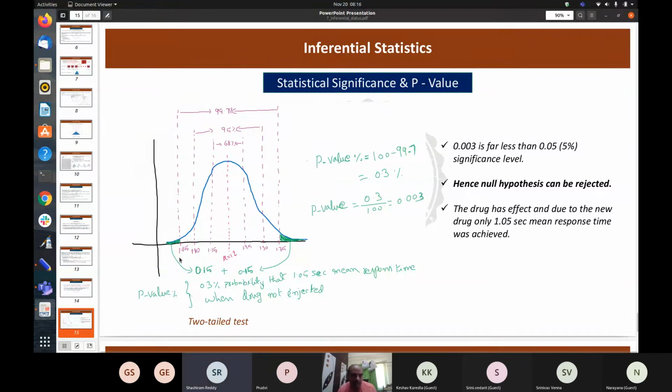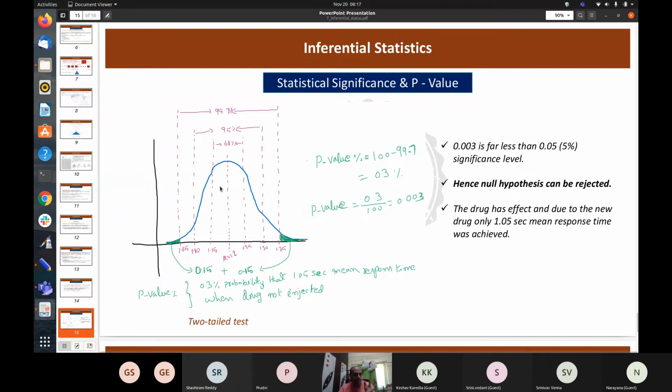This graph is about only stimulus being injected, no drug. 1.15 to 1.25 covers 68%. 95% of the time it is happening between 1.10 and 1.30, that is 1.2 minus 2 times 0.05, and 1.2 plus 2 times 0.05. Three standard deviations away would be 1.05 and 1.35. When the drug was not injected, 95% of the times this response time is not coming. Do you agree?